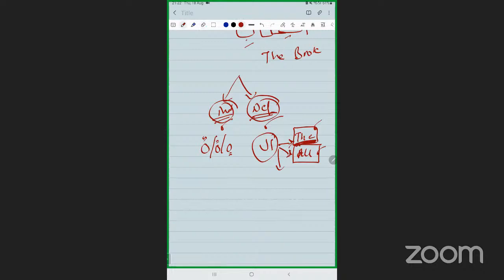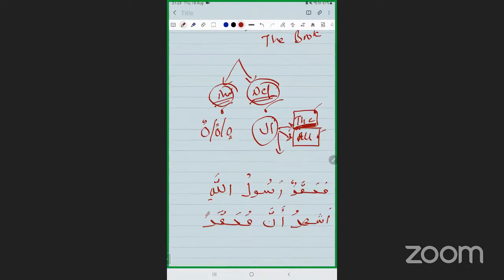There is a mystery remaining, and let me tell you the mystery again, so that on Monday you will come with a mystery in your mind. Muhammadun. Ashhadu anna Muhammadan.